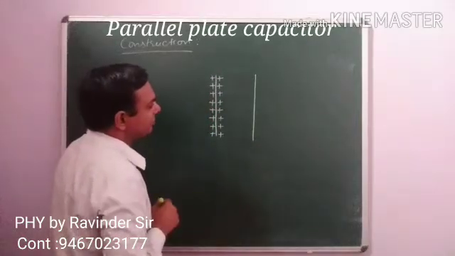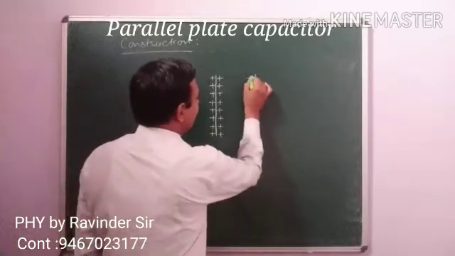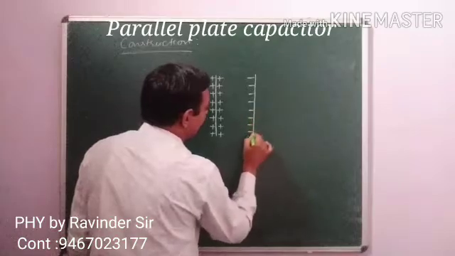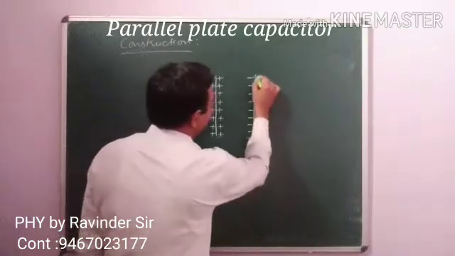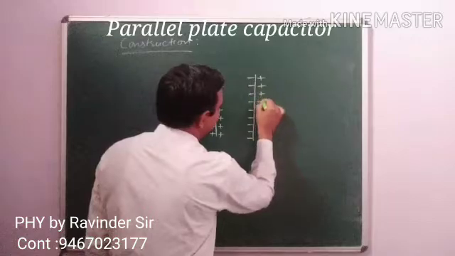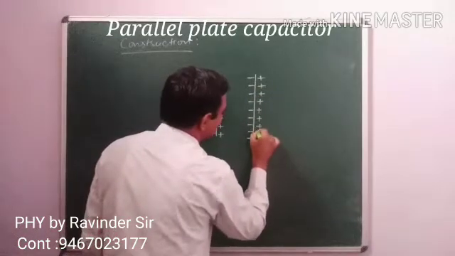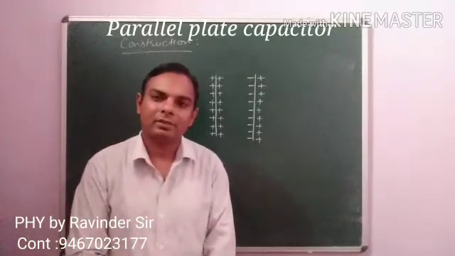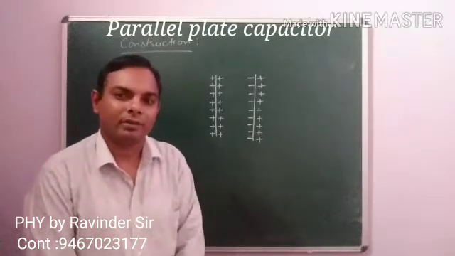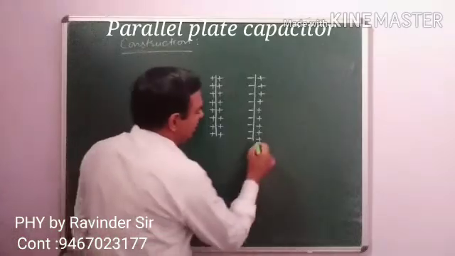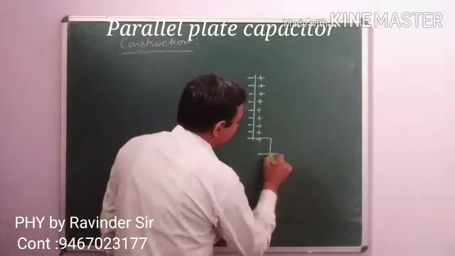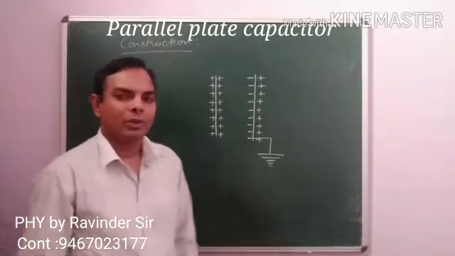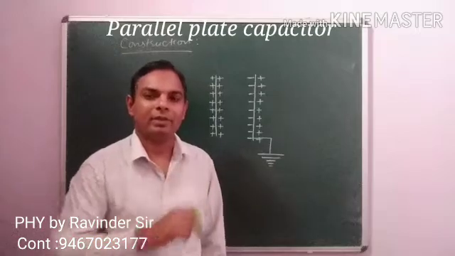By induction, negative charge will appear on this side and positive charge on this side, that is, negative charge on the LHS and positive on the RHS. This positive charge side is connected to the earth. So, the capacity of this capacitor increases.